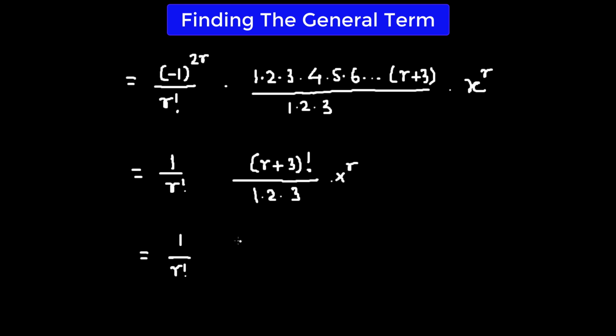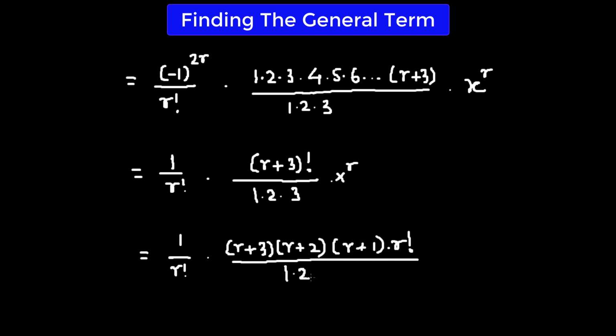However, I'm going to break down the r plus 3 factorial, and that can be written as r plus 3 times r plus 2, then r plus 1, times r factorial. This was done so that we could factor out r factorial from both the numerator and the denominator.